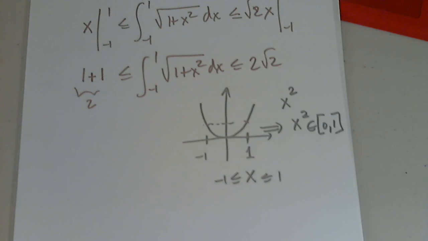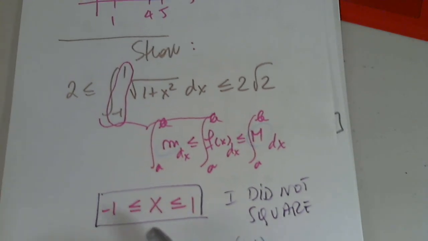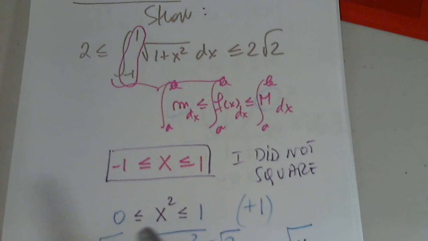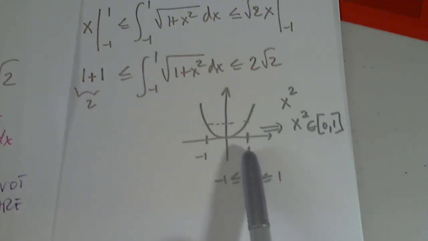Okay. So you just made a statement to help you figure out the problem. No, I didn't make up a statement. Every time x is between -1 and 1, it is mandatory that x squared will be between 0 and 1, according to the function's graph.